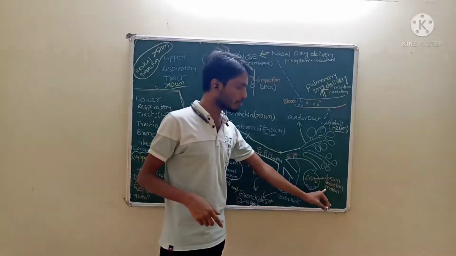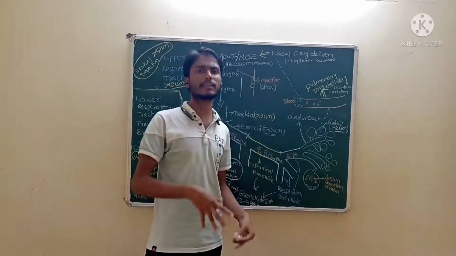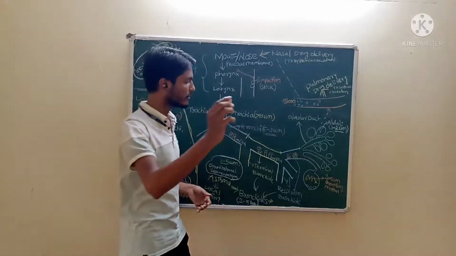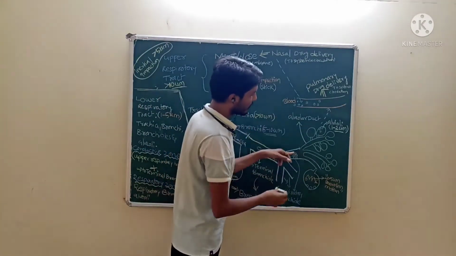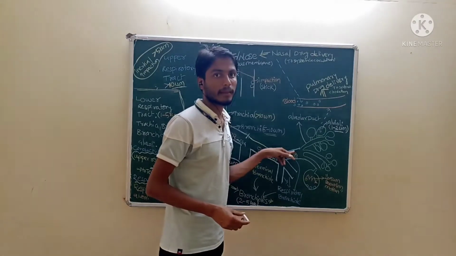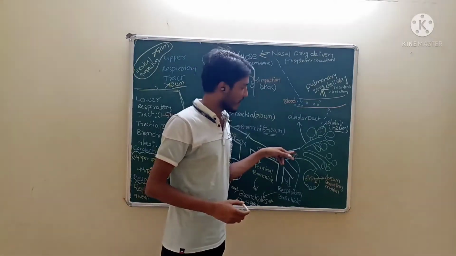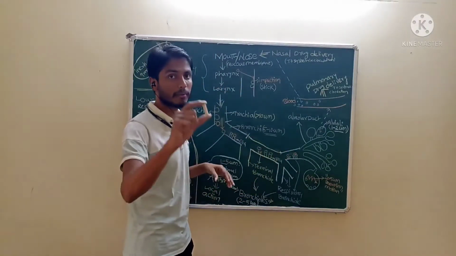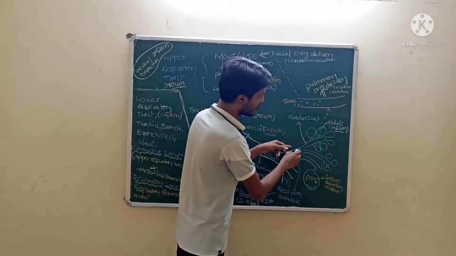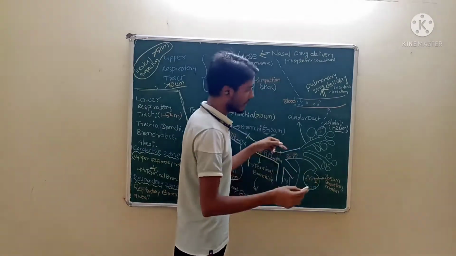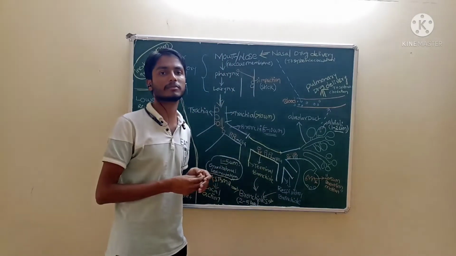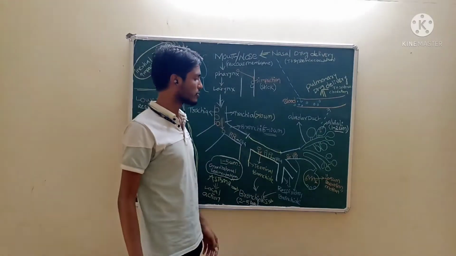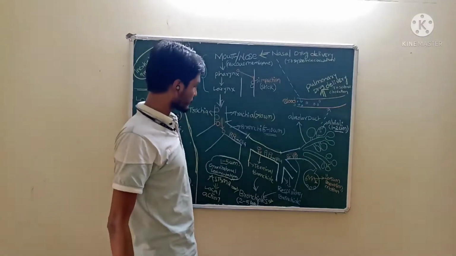For example, if the particle has a positive charge and the region of the respiratory tract has charge, they will deposit by electroprecipitation, by electrostatic attraction, and stick. This is also another kind of principle. So this is about the various regions of the respiratory tract, what kind of particles they will deposit in our respiratory system, and by what mechanism.